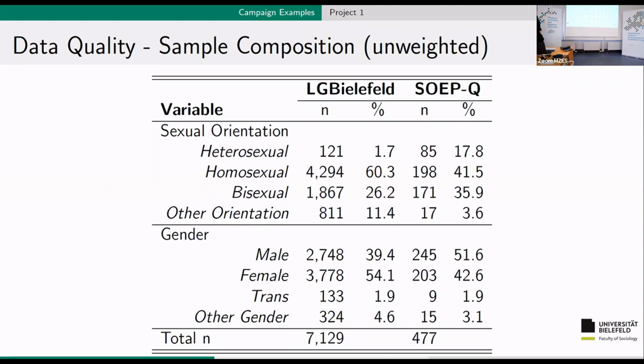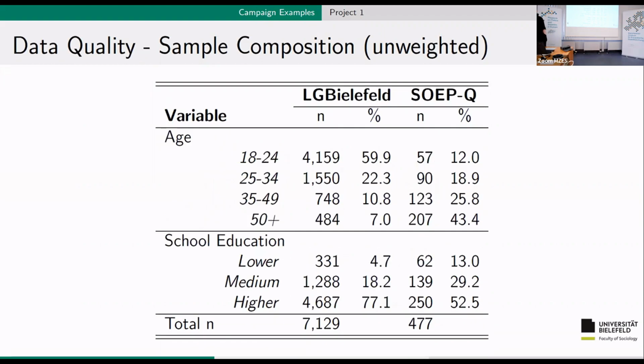And 133 people is a large enough number to look further into specific subgroups, which isn't possible with the other populations in the subgroup. On the other side, we have really young people and really highly educated people in the online sample.